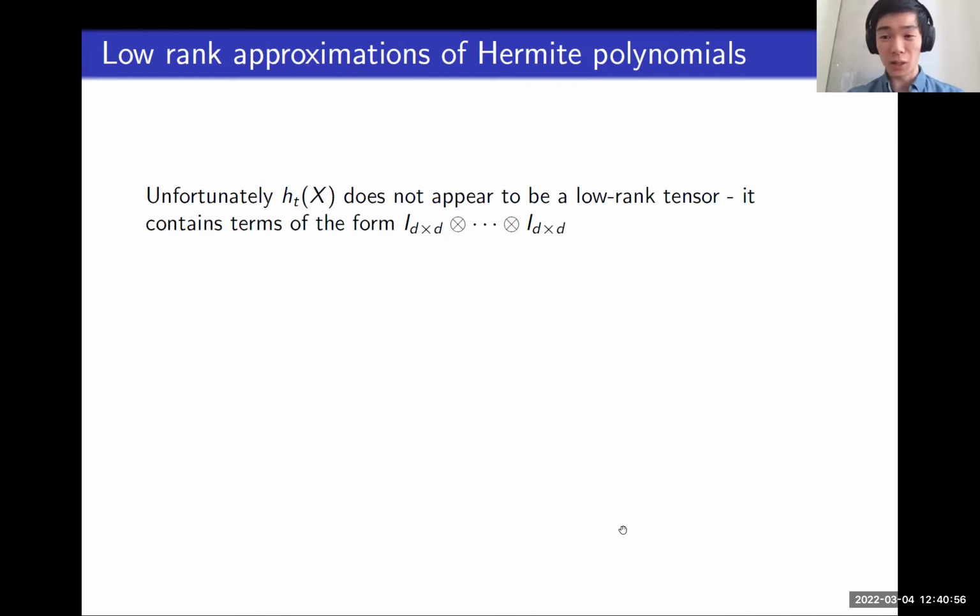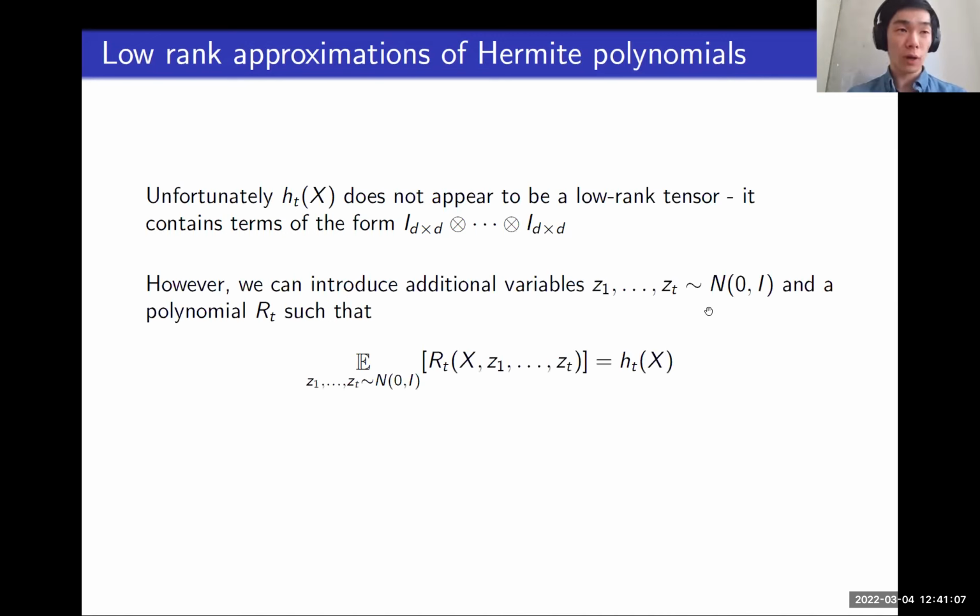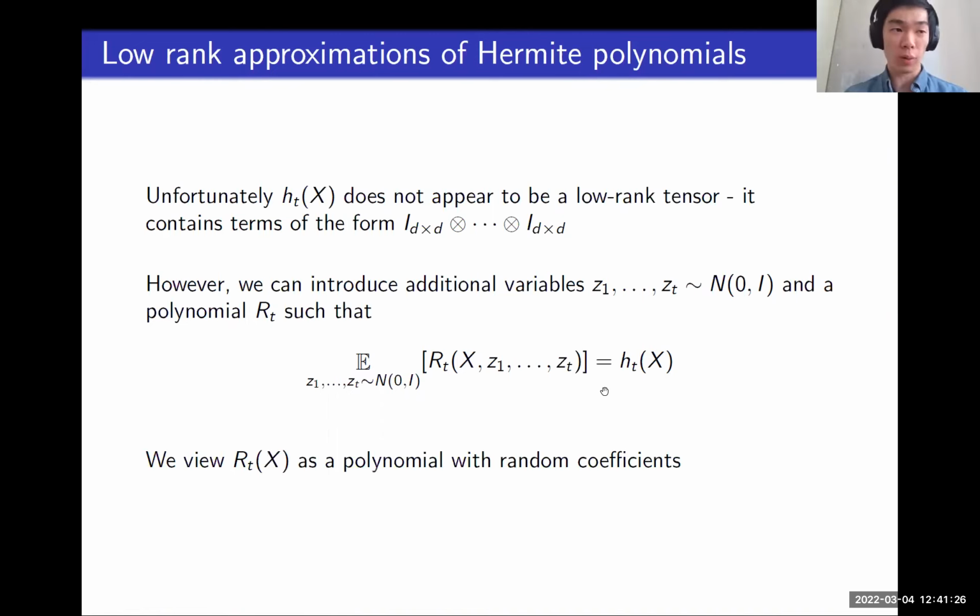And this is not low rank at all, because it's extremely hard to write something like this as a sum of a few low rank tensors. However, what we can do is introduce additional variables and construct a randomized polynomial. So we have a polynomial r that's a function of x and these additional random variables such that its expectation is equal to the Hermite polynomial tensor. And then we can maintain that this randomized polynomial r has a low rank representation.